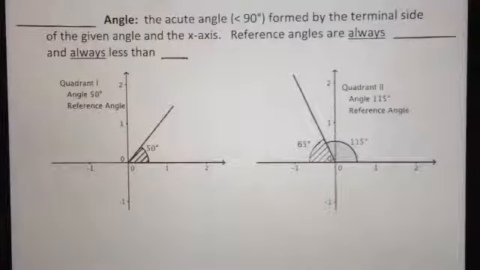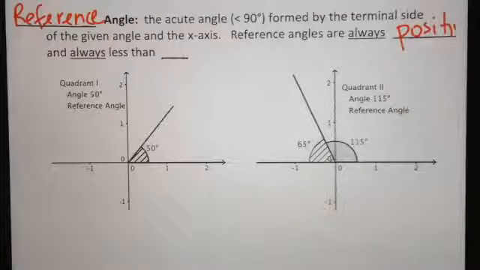Okay, so the next thing is reference angle. A reference angle is the acute angle, so it's smaller than 90, formed by the terminal side of the given angle and the x-axis. The reference angles are always positive, and they are always less than 90 degrees.